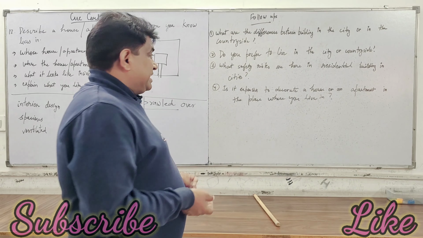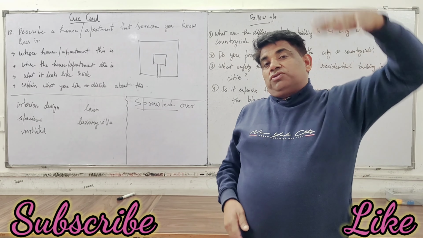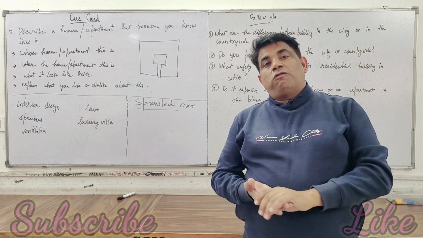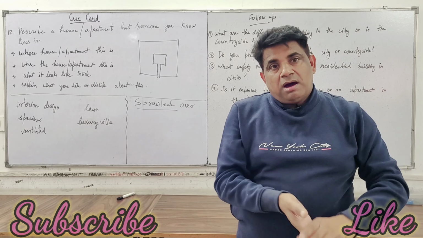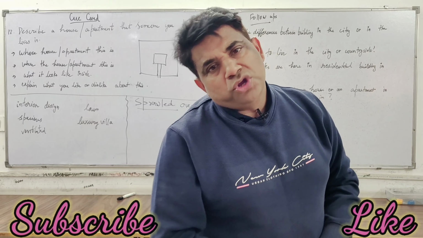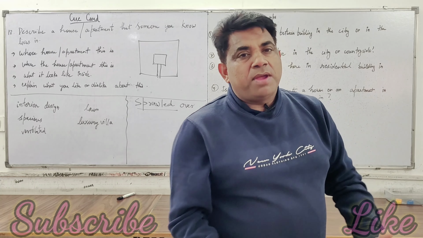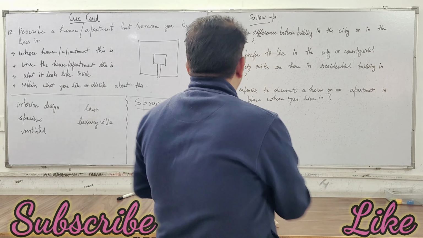For example, if a person is living in a skyscraper on the 100th floor or 60th floor, and there is any natural calamity like an earthquake, the damage is going to be considerable as compared to the people who are living in the countryside area.